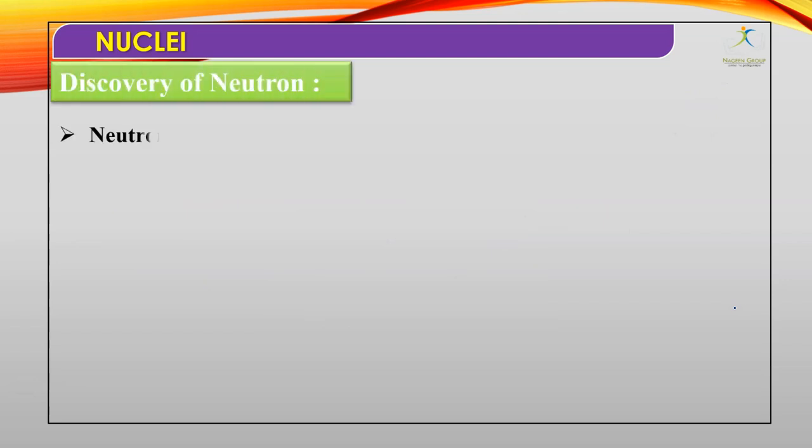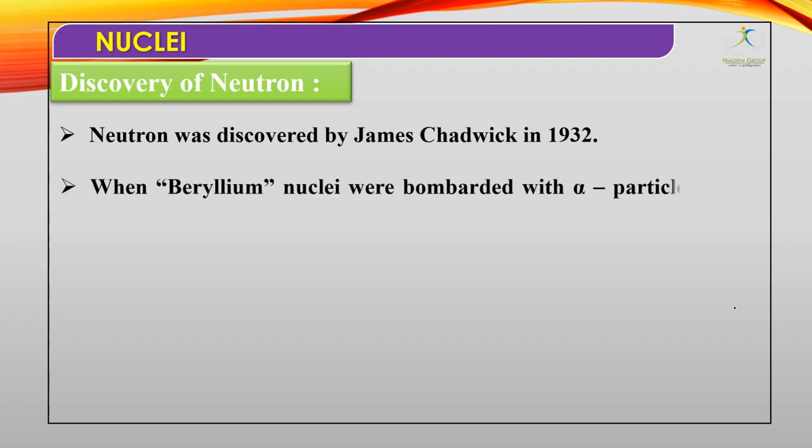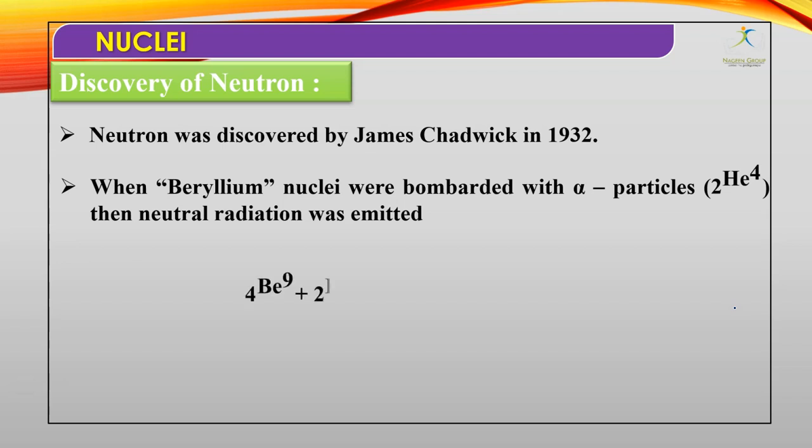Discovery of the neutron. The neutron was discovered by James Chadwick in 1932. When beryllium nuclei were bombarded with alpha particles, 2He4, nuclear radiation was emitted. 4Be9 plus 2He4 gives 6C13 plus gamma.